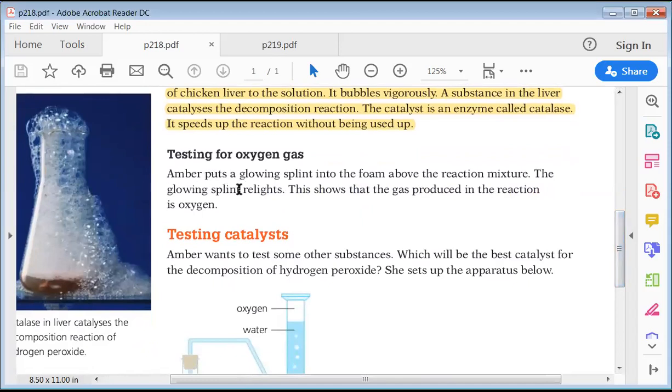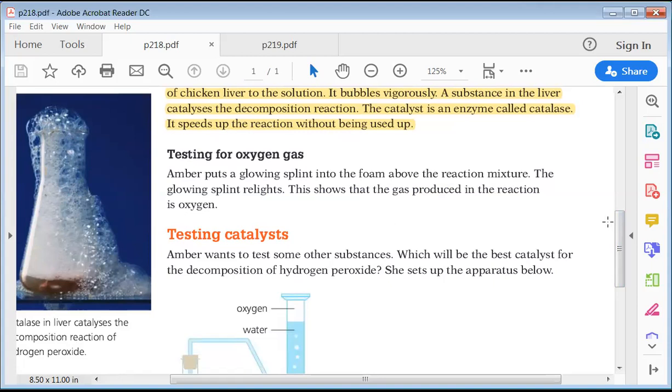So she puts a glowing splint, which is like a piece of glowing metal, in the foam here, and she got the glowing splint to relight again, to glow again. This shows that the gas produced in the reaction is oxygen.